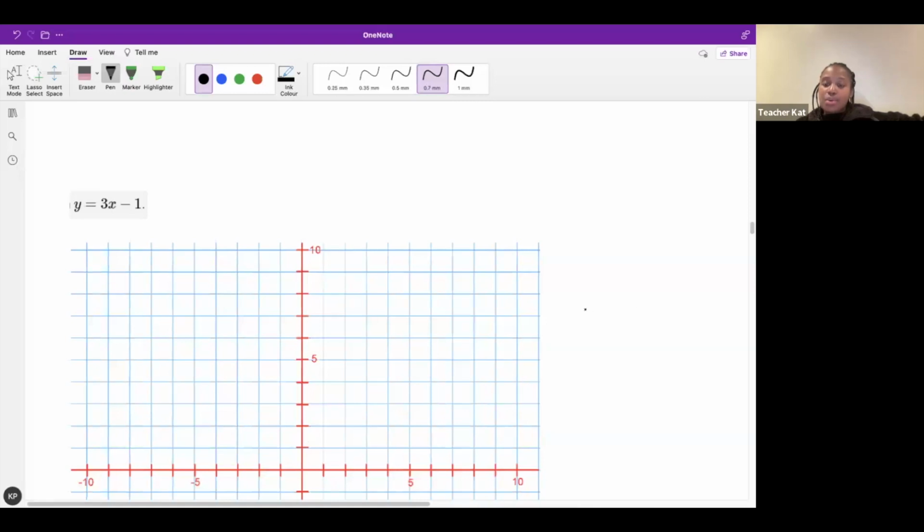Tali says yes with a question mark. Yes, it is a linear graph. Why is it linear? Give me my reason. You haven't drawn it yet, so your reason can't be that it's straight. Not no exponent. The exponent is 1. Guys, be careful.